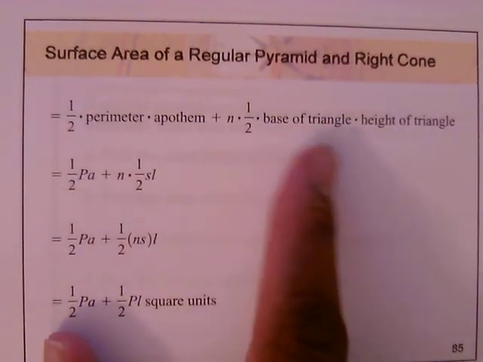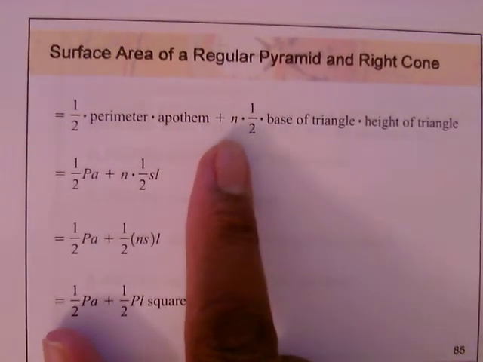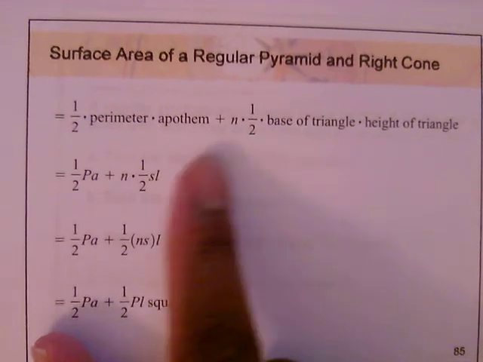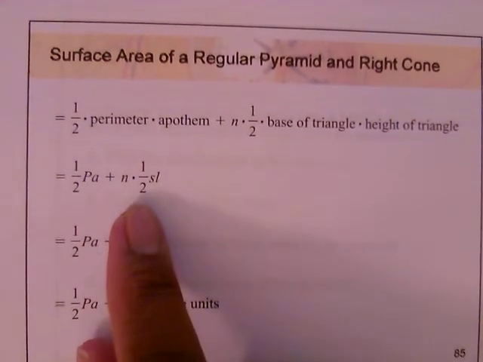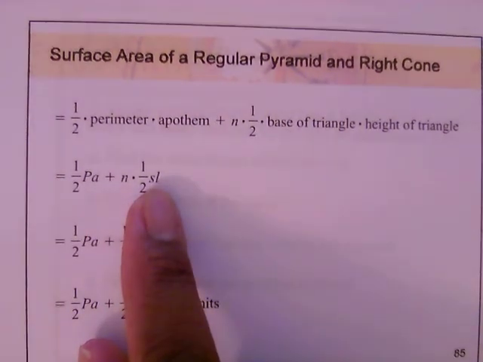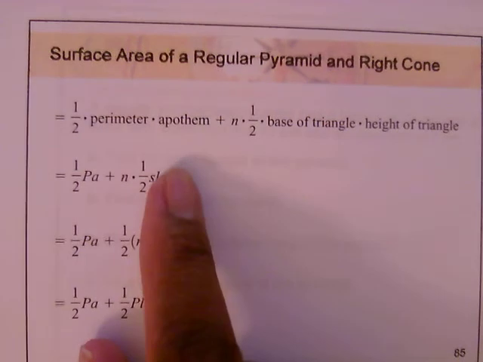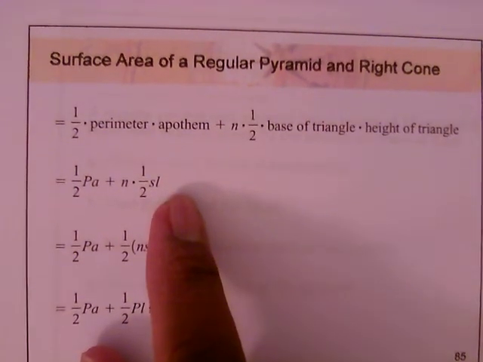The area of a triangle is always 1/2 base times height, but you have N of those triangles here. So this simplifies to 1/2 P times A plus N times 1/2 S, the side of that triangle, times the slant height of that triangle. That L is your slant height.